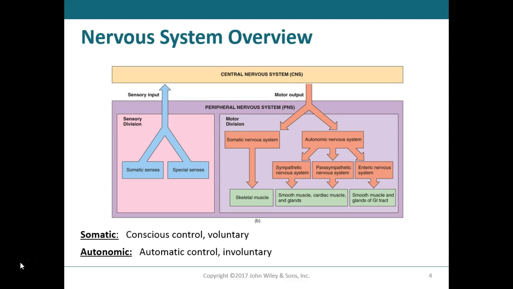I wanted to first give you an overview of the entire nervous system and remind you that the central nervous system, of course, consists of the brain and spinal cord. Sensory input is brought in from our special senses, such as our sense of smell and vision and taste, hearing, and equilibrium, and the somatic senses, the senses of the body, the tactile, or touch, the temperature, so different somatic sensations of the body.